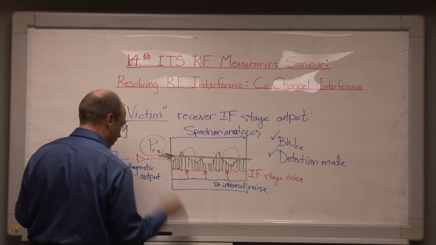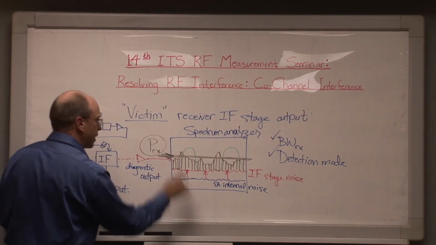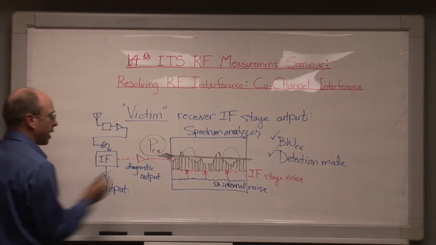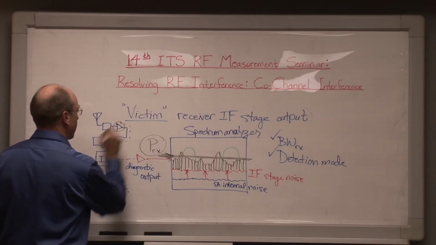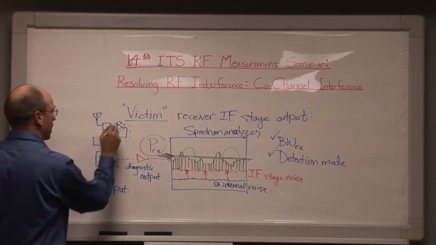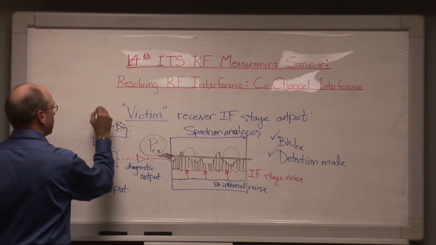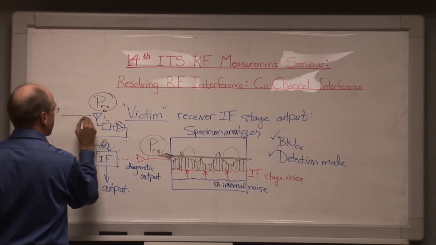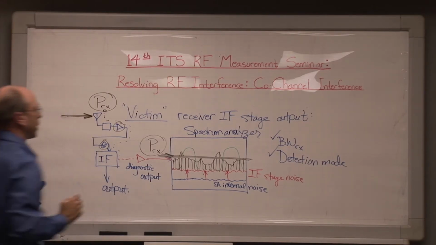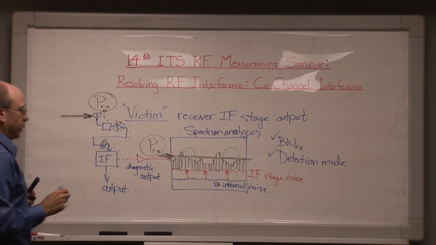We've got a power level here. And oh, one more thing I should mention, we can back this out through their system, including their front-end gain in the IF. We can back this out to a received power level out here in space that's actually coming into their antenna. That's easy enough to do.